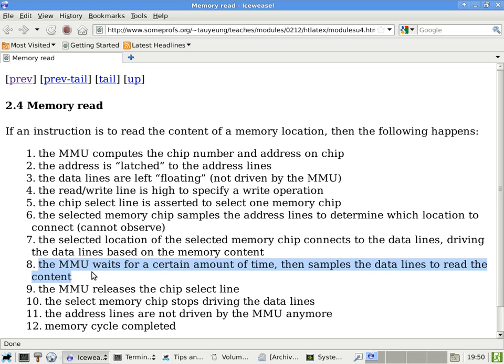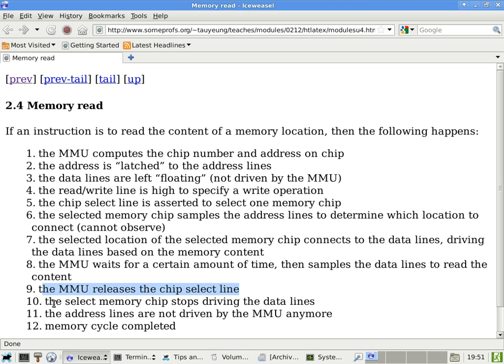I have a question. What do you mean in line 10 when you say the selected memory chip stops driving the data lines? Okay, it's because the MMU has now released the chip select line. Remember, in this operation, when we're reading a single location, after step 7 the memory chip will continuously drive the data line.